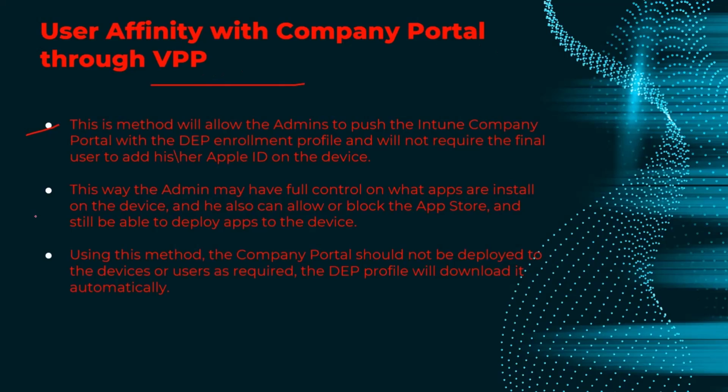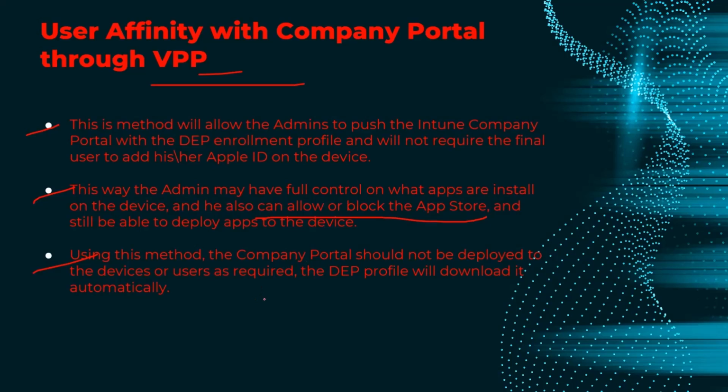So this method is helpful because this way the admin may have full control on what apps are installed on the device, but he can also block the app store, because the end user is not necessarily entering his Apple ID to the app store. The applications are coming through VPP. And using this method as well, the company portal app should not be deployed.